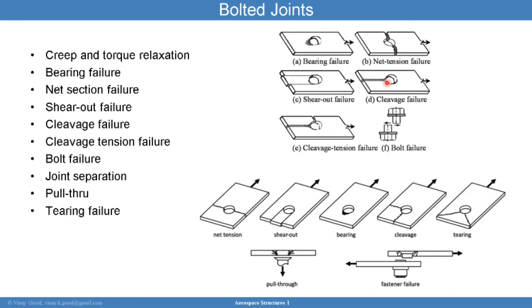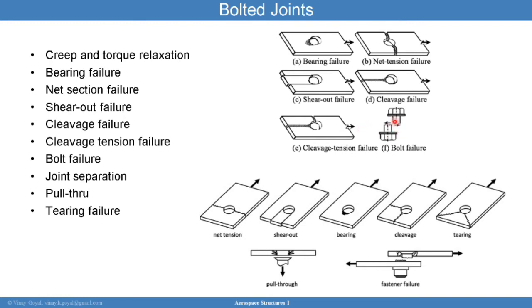You also have a cleavage failure mode, which is very similar to the shear out failure mode, and that's basically a crack initiation event that occurs at the hole. You also have cleavage tension failure, which again, crack initiations that turn into another plane that's perpendicular to the loading direction.